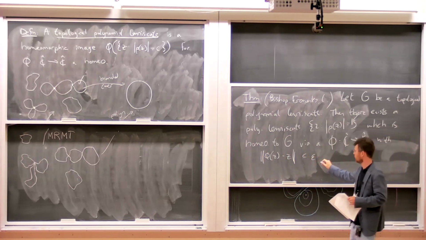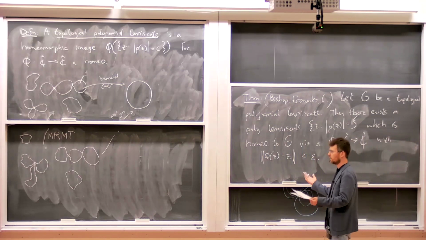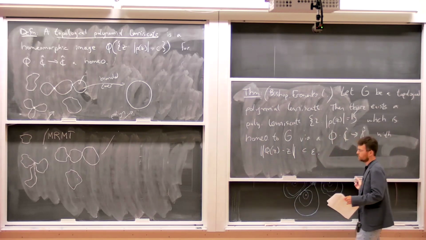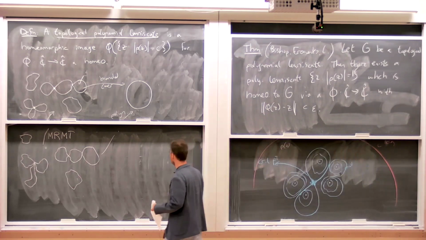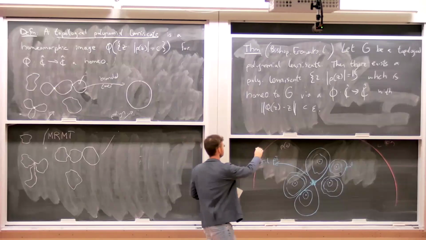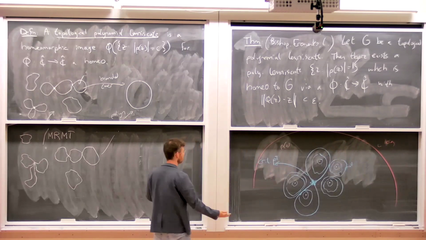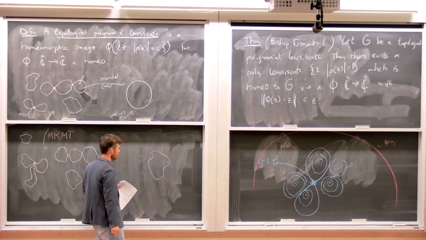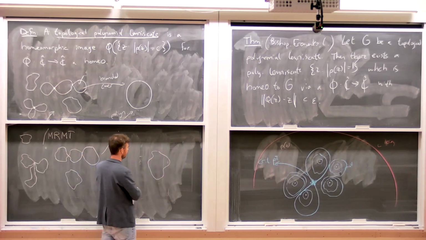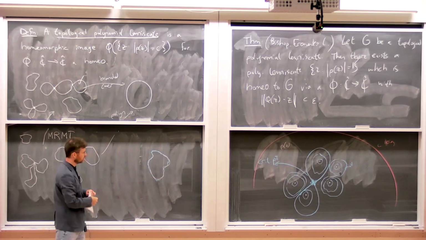Which norm? Well, it depends if you're on the sphere or the plane. Either way, you can take it as close to the identity as you would like. It's more, I would like to think, than a generalization of Hilbert's theorem, but it includes Hilbert's theorem. There you had just a Jordan curve, and you can find a polynomial lemniscate which has the same topology, namely is also a Jordan curve, and approximates the given curve.